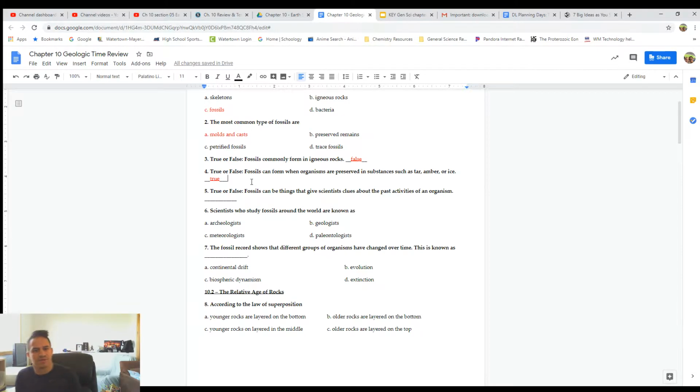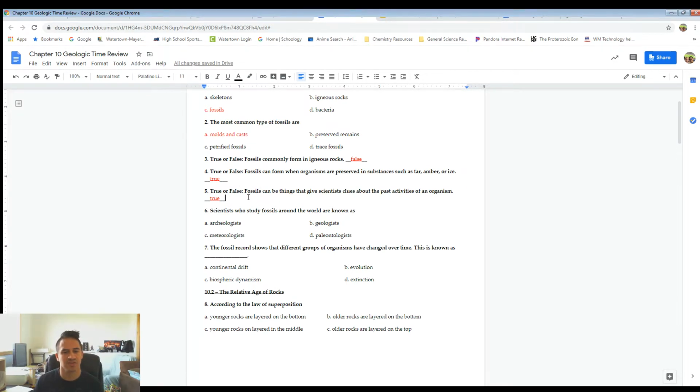So number five, true or false, fossils can be things that give scientists clues about the past activities of an organism. This is also true. So the main type of fossil that does this are trace fossils.